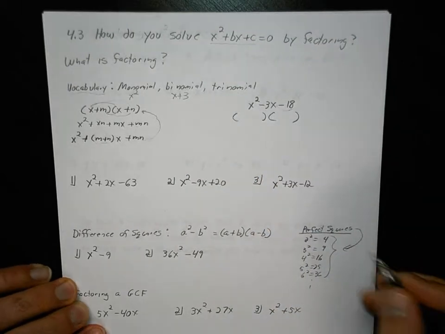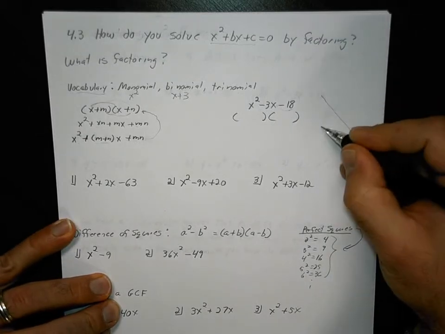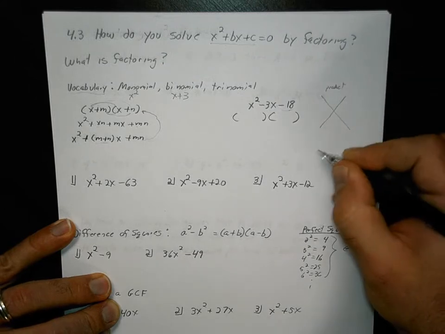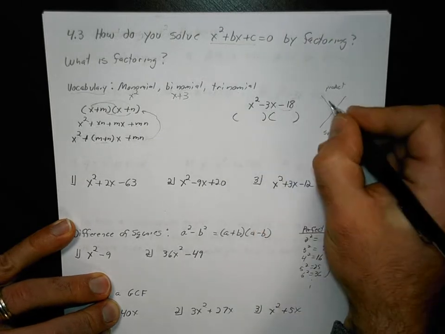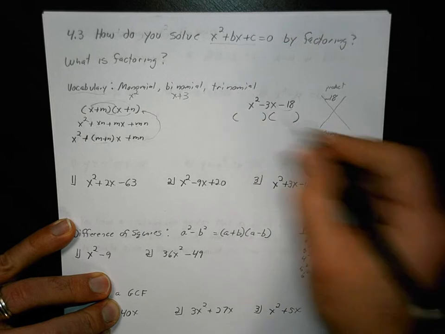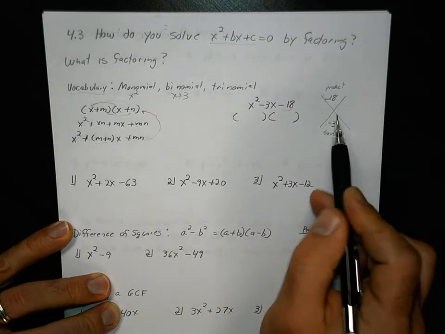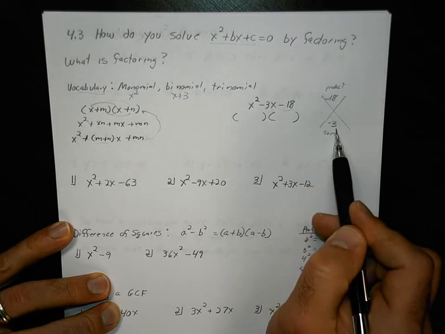Okay, you may have heard of something called a diamond problem. You may have done it in algebra. You just make a big X here, and on the top is the product, and the bottom is the sum. So you could write the product, which is negative 18, on the top, negative 3 on the bottom, and then right here is where you write the two numbers that multiply to get this that add up to this.